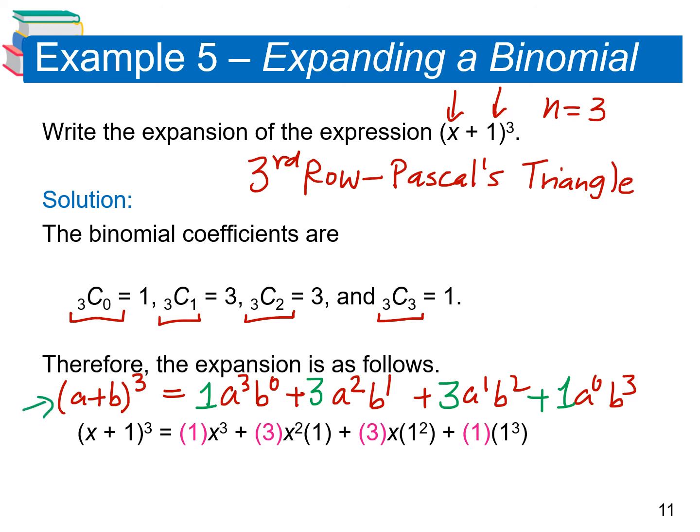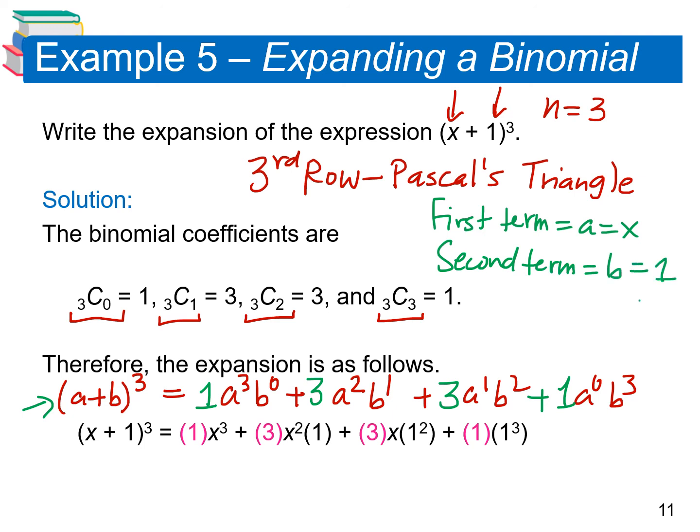Now you can just do the substitution. Your first term is x, which is a here, and your second term, which is b, is 1. So do that substitution in this formula for a and b to get your final answer on simplification as this.